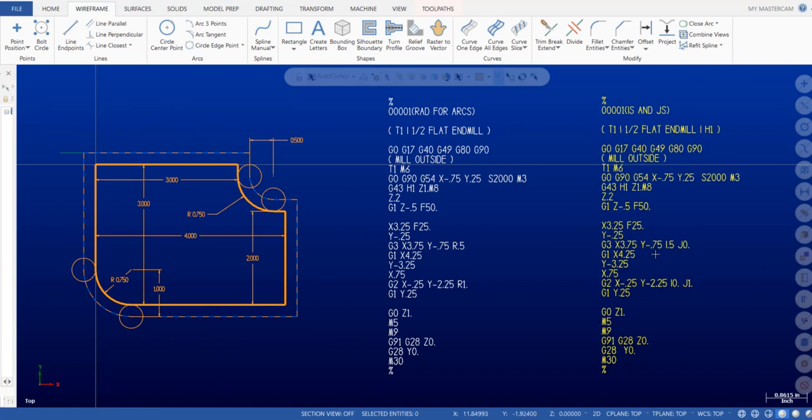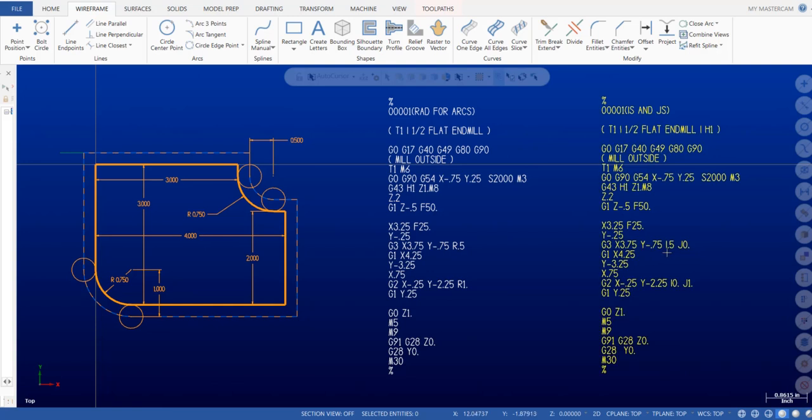What the machine needs to know on this G3 line is, first of all, the G3 determines that the tool is going to move in a counterclockwise arc from where it's at to a point X and Y, in this case X 3 inches .750, Y minus .750.